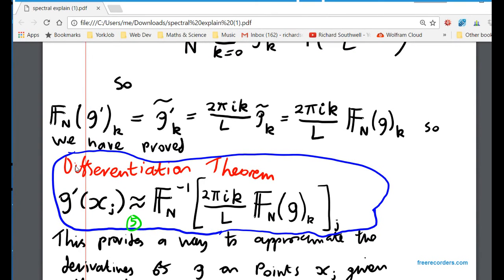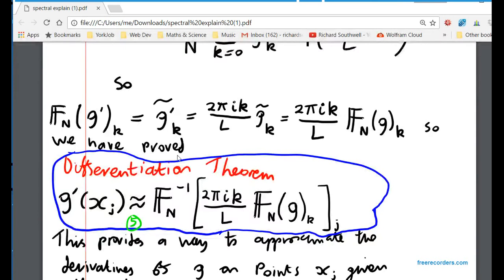What this differentiation theorem is saying is that if we do a Fourier transform on g, we get the Fourier coefficients. The subscript k here refers to the k-th Fourier coefficient.